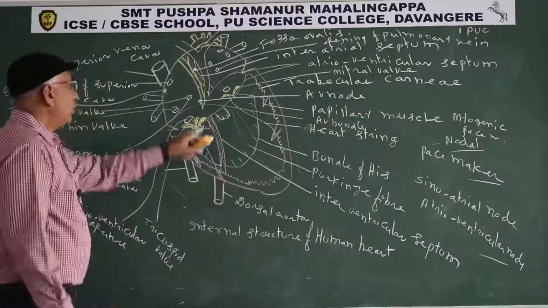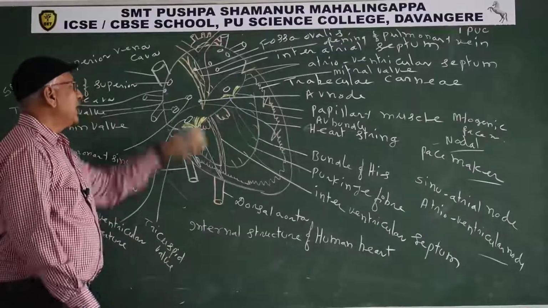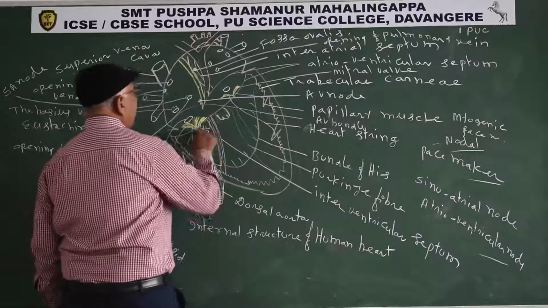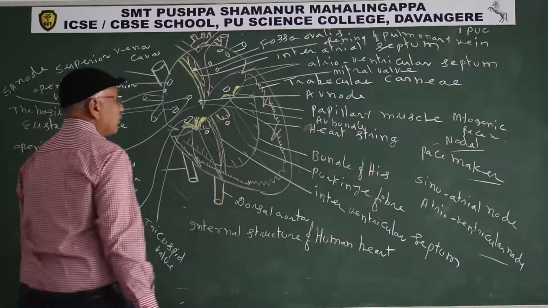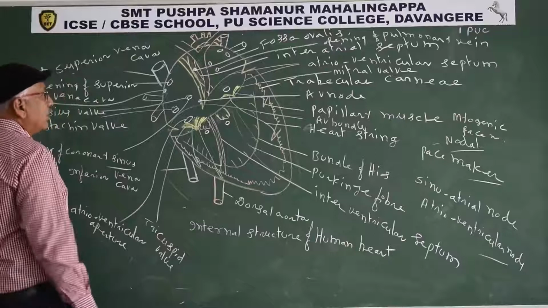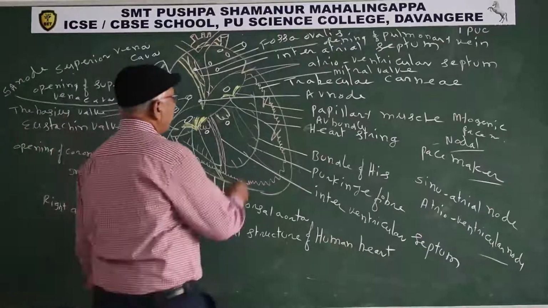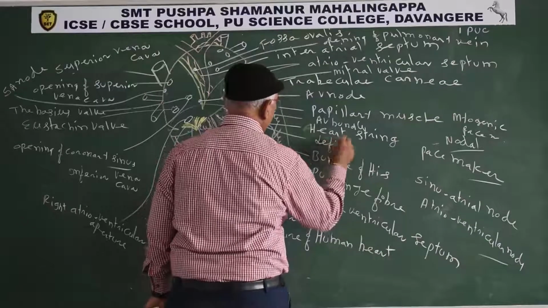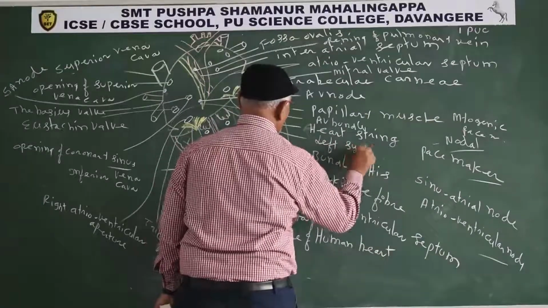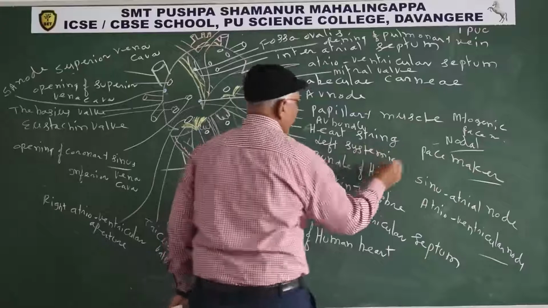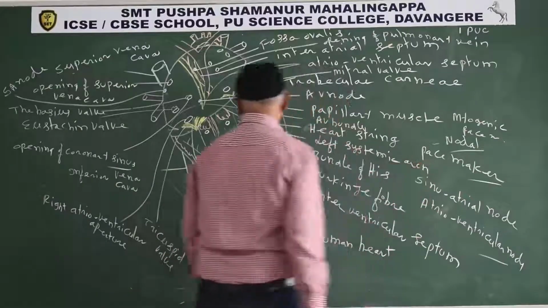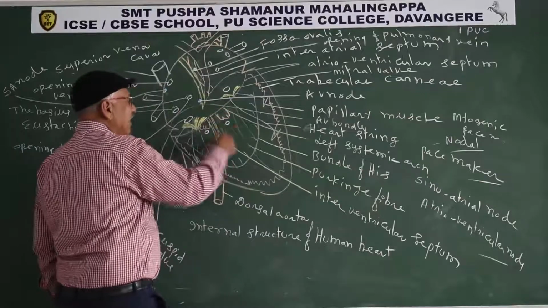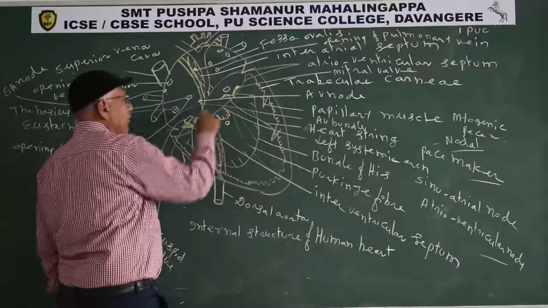Next are the two arches arising from the ventricles. One arch arises from the right ventricle, and another from the left ventricle. The arch arising from the left ventricle is known as the left systemic arch. It arises from the anterior right side of the left ventricle.